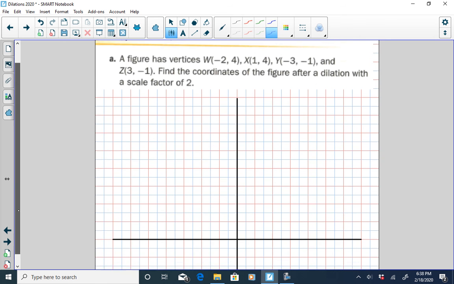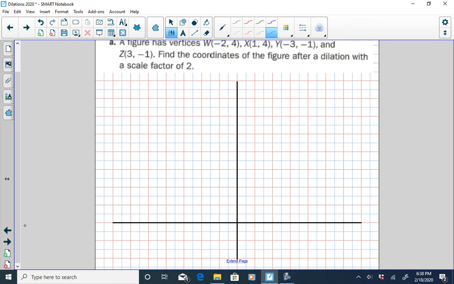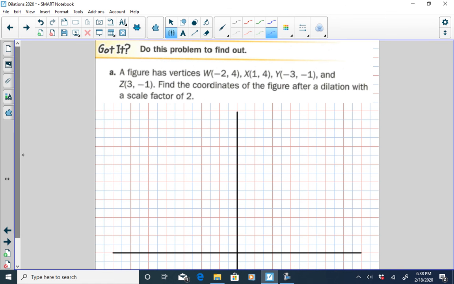Now it doesn't ask us to draw it, but I always like to draw it just so that we can see if the figures are similar, and if the corresponding vertices lie on a segment that comes from the origin, if we're using the origin as our center of dilation, which, for all the dilations that we're going to do in class and for homework, we will be using the origin as our center of dilation.